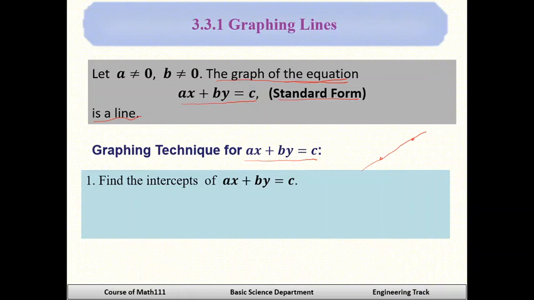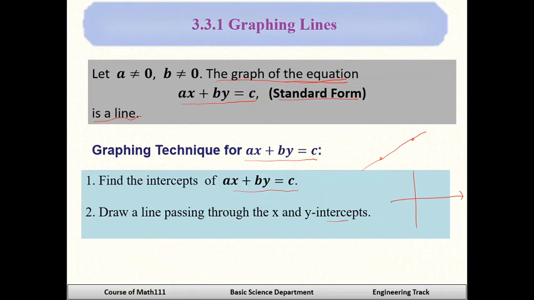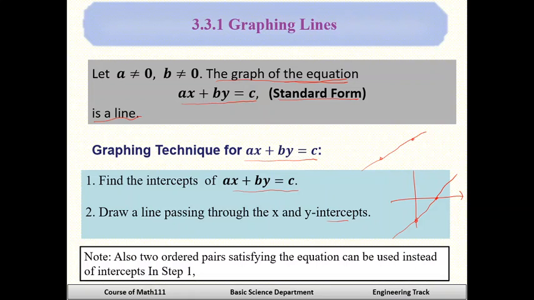So one way is to find the intercepts of the equation and then draw a line passing through the x and y intercept. You find the x-intercept and y-intercept, then you draw the line. That's one way to do it. And also, we can take two ordered pairs.